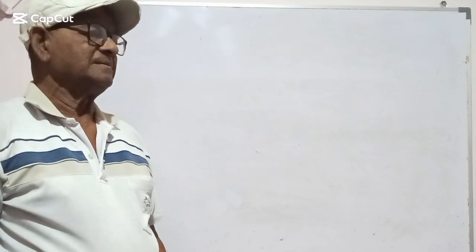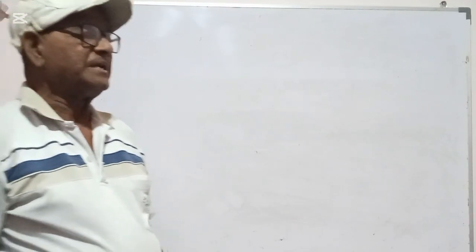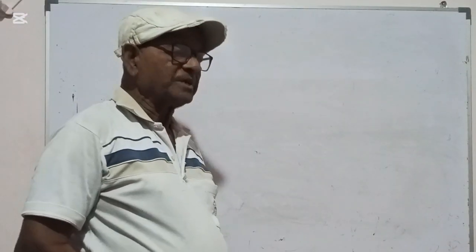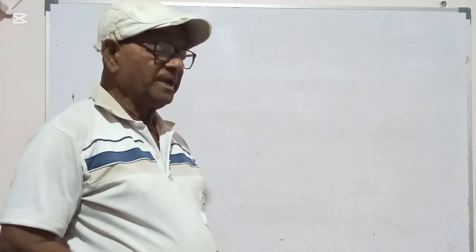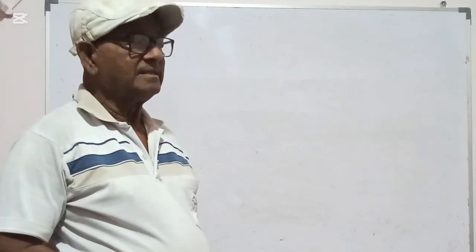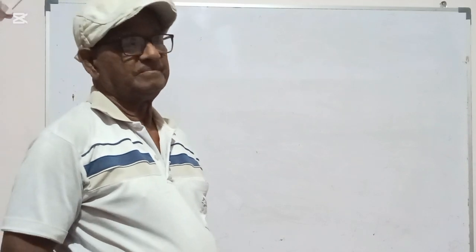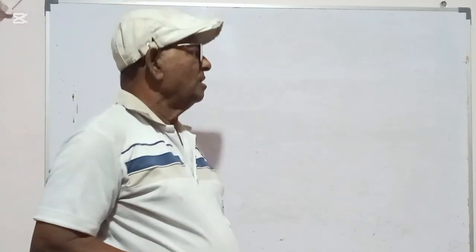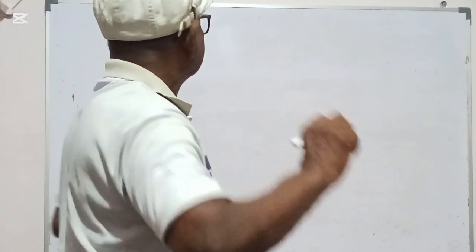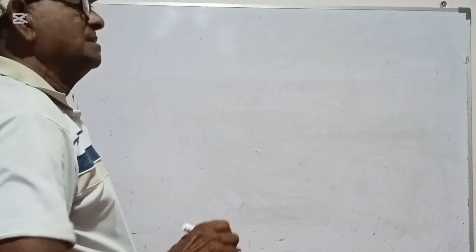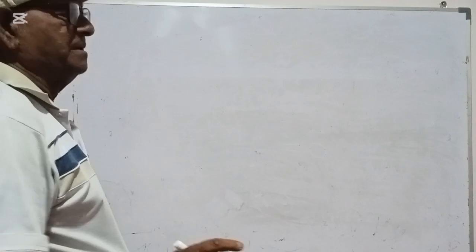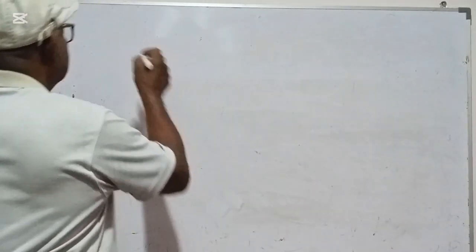My dear children, from my second video, I am going to explain the formation of positive and negative ions and the ionic compounds. So, it is better to go through the periods of the periodic table, right?